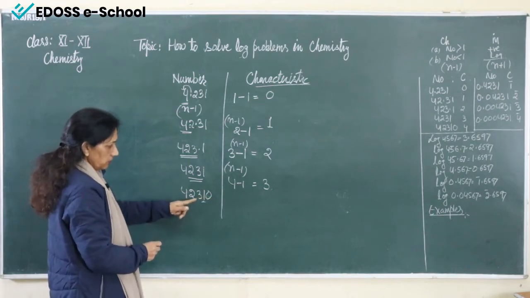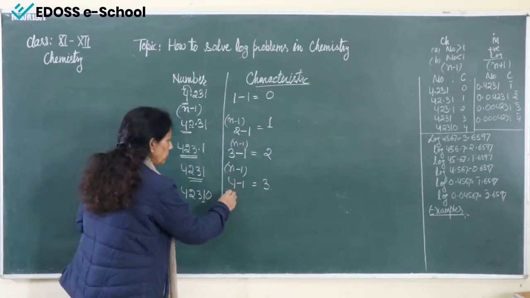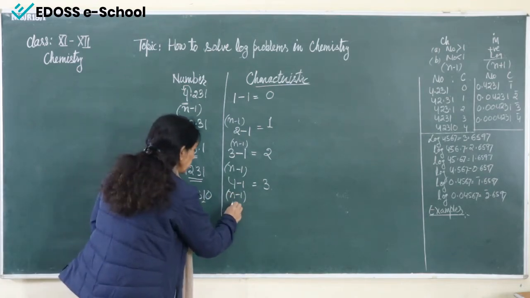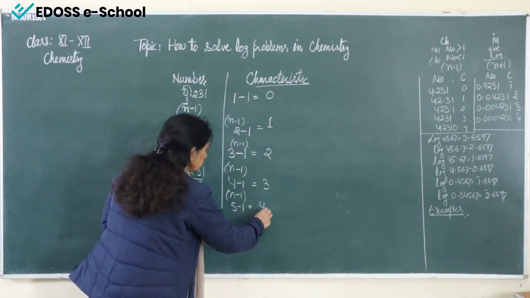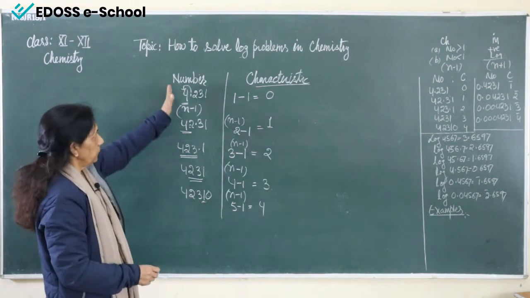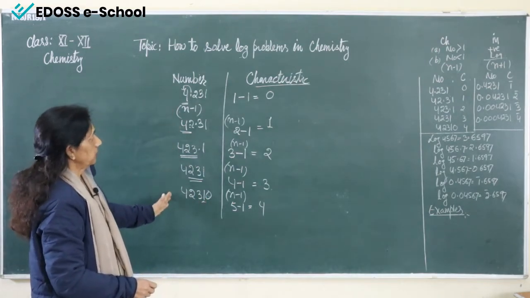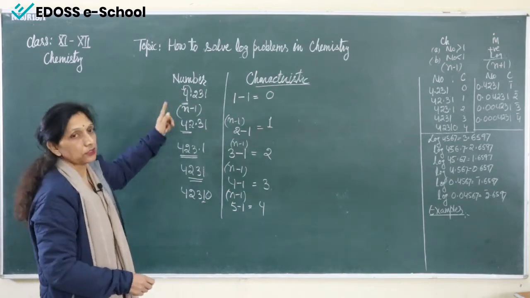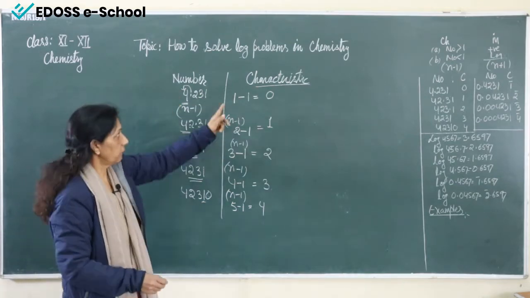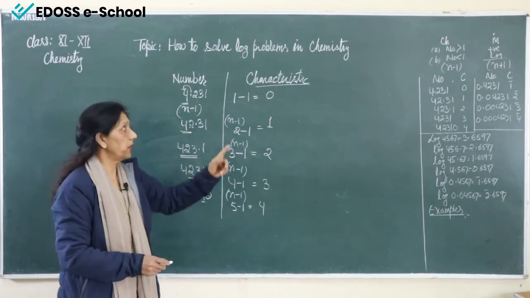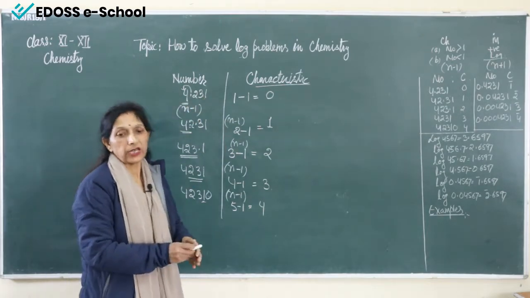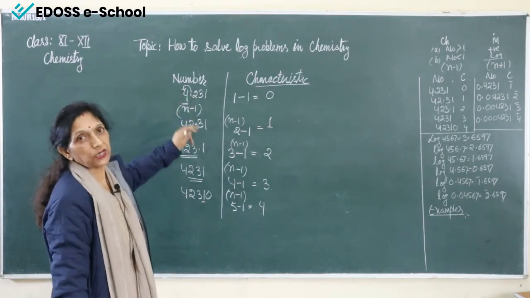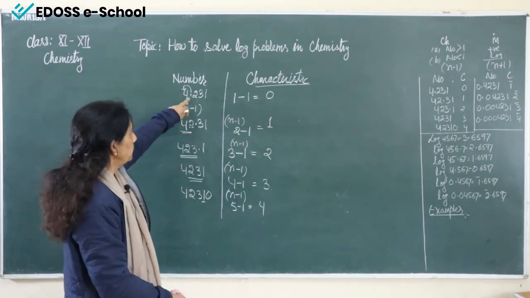That means n is 5, same formula n minus 1, so 5 minus 1 is equal to 4. So in this way, we can easily calculate the characteristic if the number is greater than 1. Formula applied will be n minus 1. We have to calculate how many significant numbers are before the decimal.